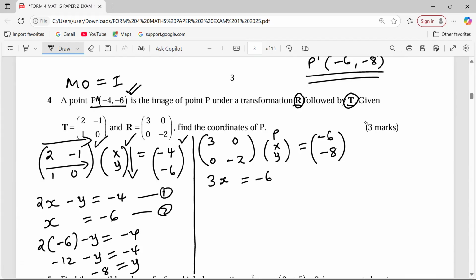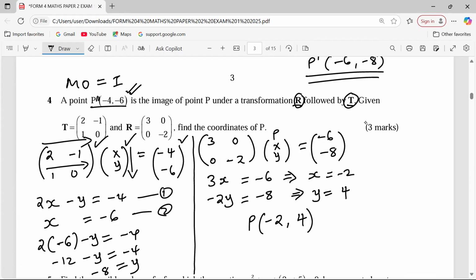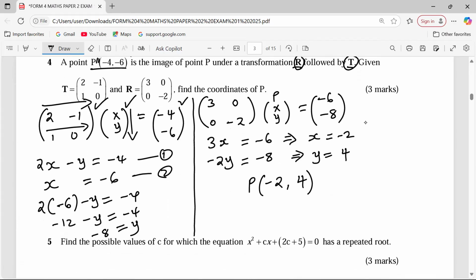And again, 0 by x and -2 by y to give us -8. So from this, I'm getting x as -2, and from the second one, the value of y as +4. That means the original P was -2, 4. I expect people to reason in such dimensions. Just be a thinker and you will find yourself managing such questions.